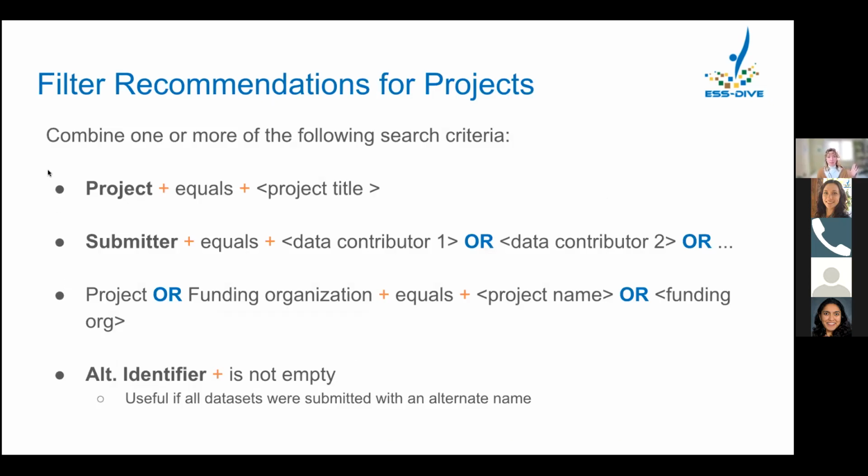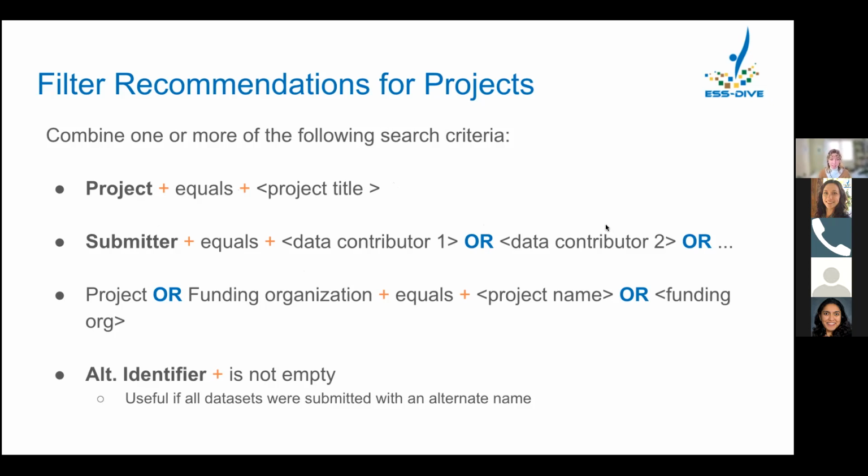So here I just have, it's a little wordy, but it goes over some of the information that we've already discussed. Like the first two bullet points, I showed that in example 1, and here, in examples 1 and 2. So project plus the equals operator equals whatever project title if you're choosing, and then here in the submitter, in the second example, I'm taking advantage of the OR operator as I showed you.